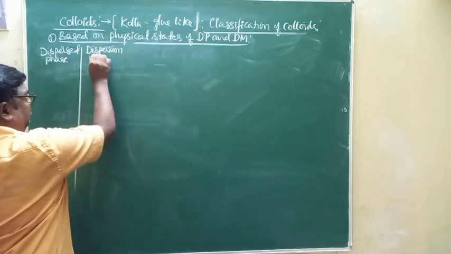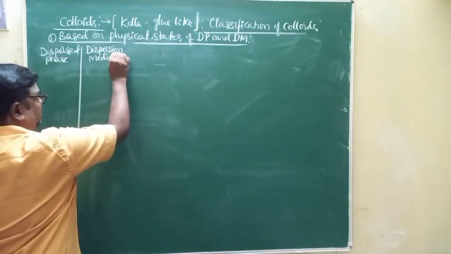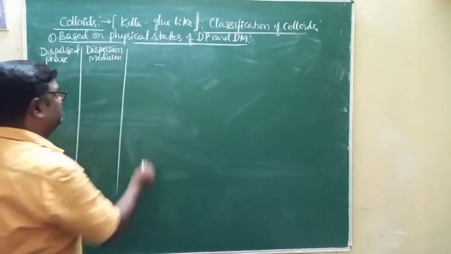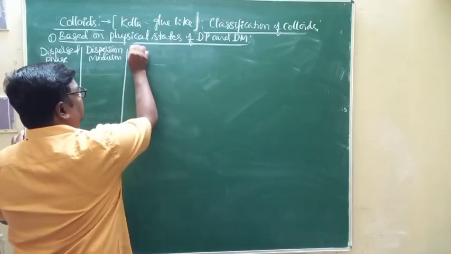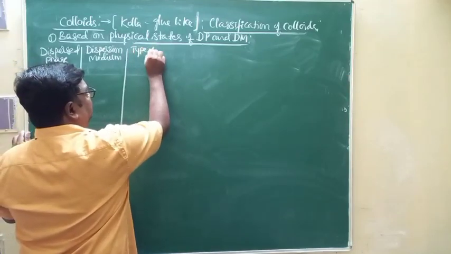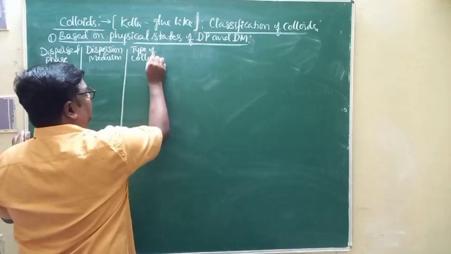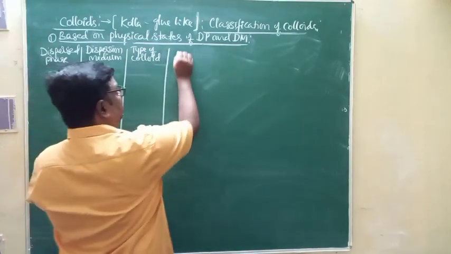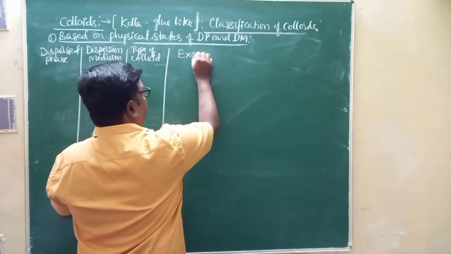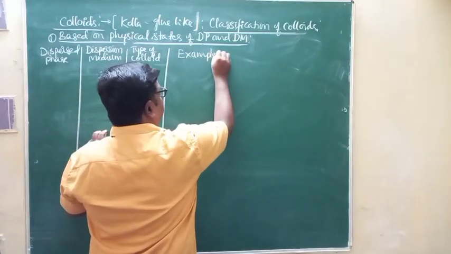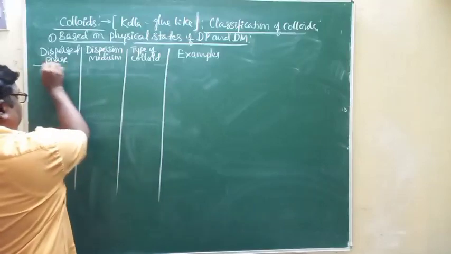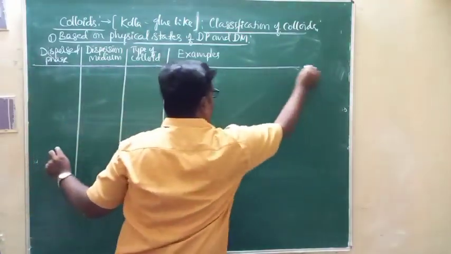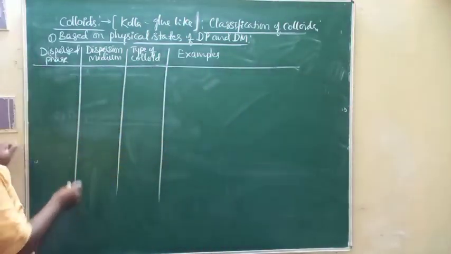Third column, it will be type of colloid. And fourth, it will be examples for the different types of colloids. This is what we call the classification of colloids. Now just have 4 columns. Okay, now we'll see one by one.